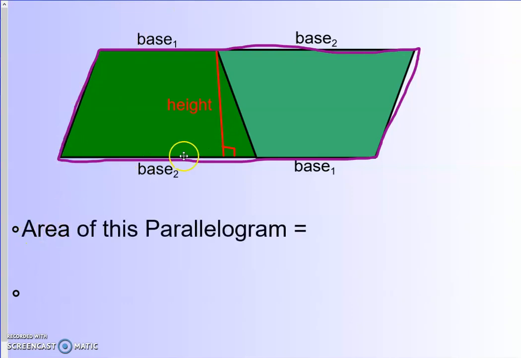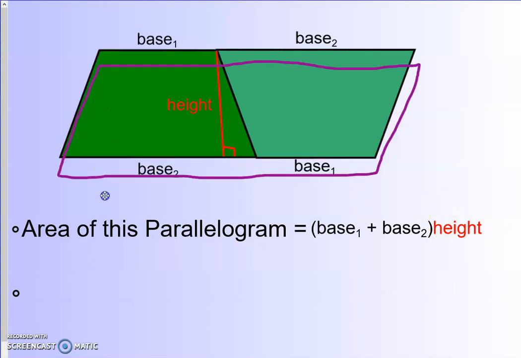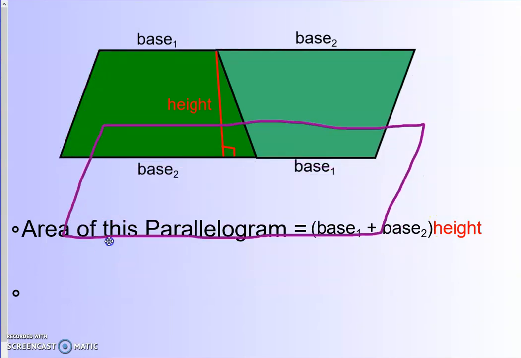And the area of that giant purple parallelogram is the length of one of the bases times the height. Now, the length of one of the bases is base 1 plus base 2. That's the length of this entire base times the height. And that's the area for this purple parallelogram.